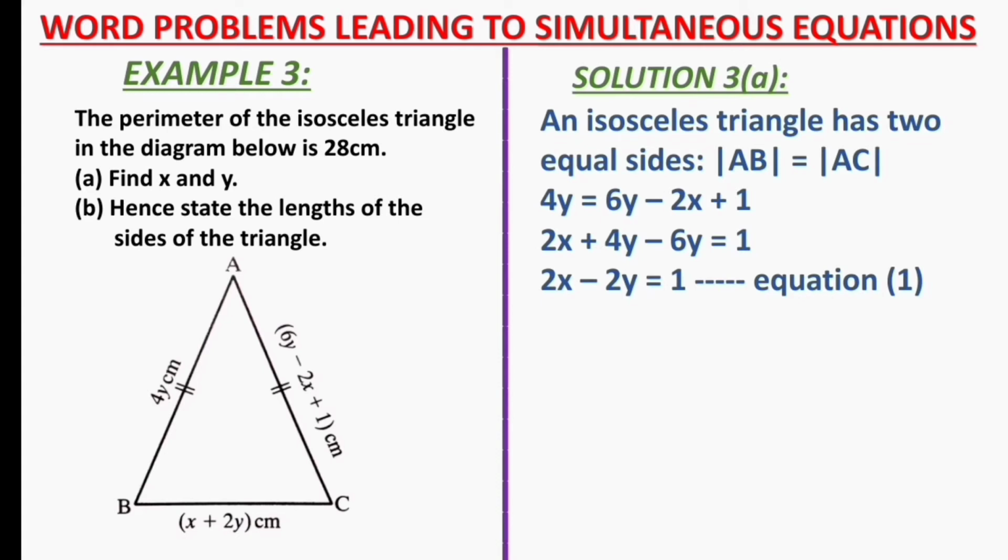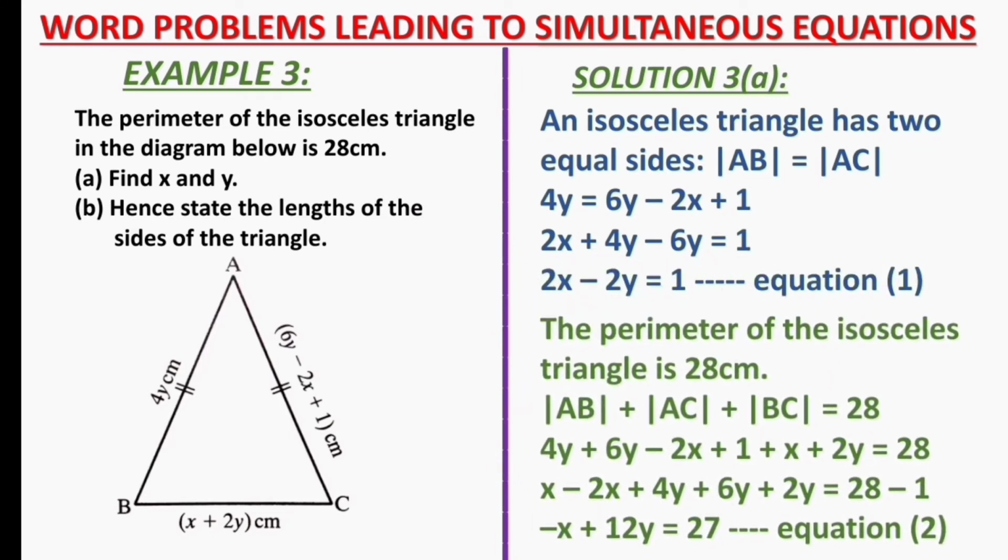Solving this equation by collecting like terms, you are going to have the equation reduced to 2x minus 2y is equal to 1. Let's take this as our equation 1. Now from the question, do you know what you must do to get a second equation, which should be equation 2? Let's see if you know.